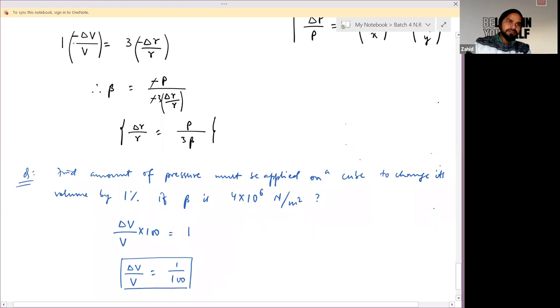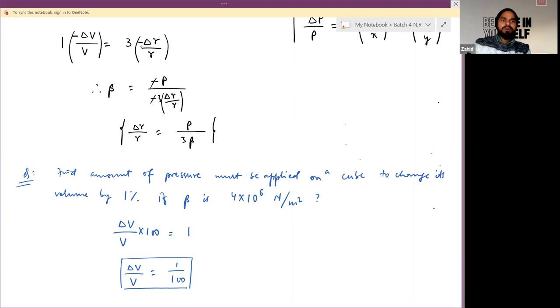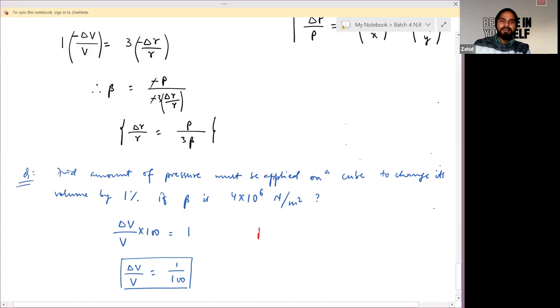Next, the bulk modulus of the substance is given. Beta is equal to 4 into 10 raised to power 6 Newton per meter square. Now use the formula beta equals pressure, or change in pressure, divided by delta V by V. Since volume is decreasing, there will be a negative sign here, or you may write it in here.